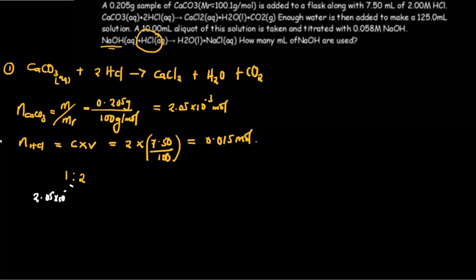So the assumption is that at this point you already know that HCl is in excess, therefore the number of moles of HCl that reacted, we need to find X. So you basically just have to multiply that by 2. When you cross multiply here, you are going to have 4.096 times 10 to the power negative 3 moles.